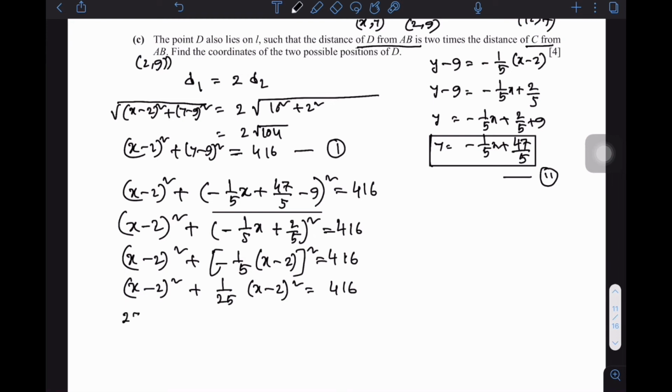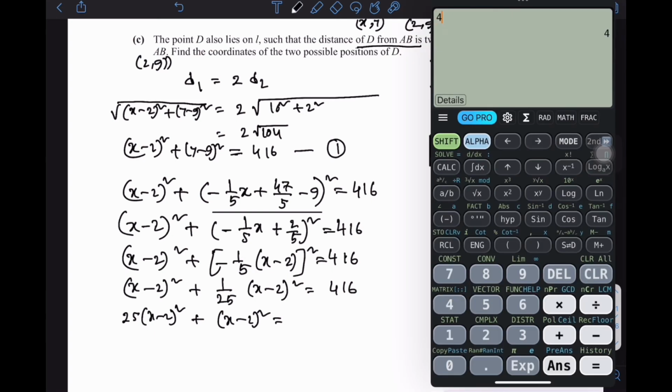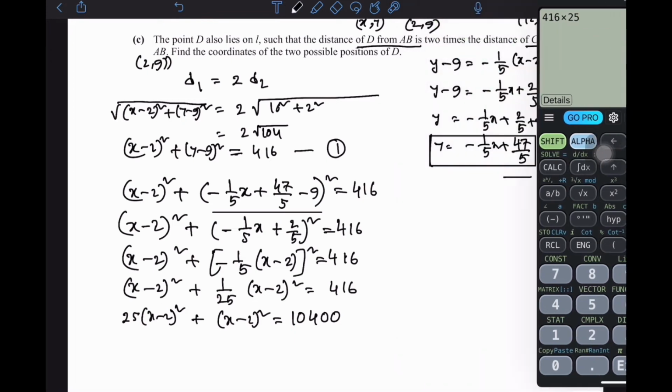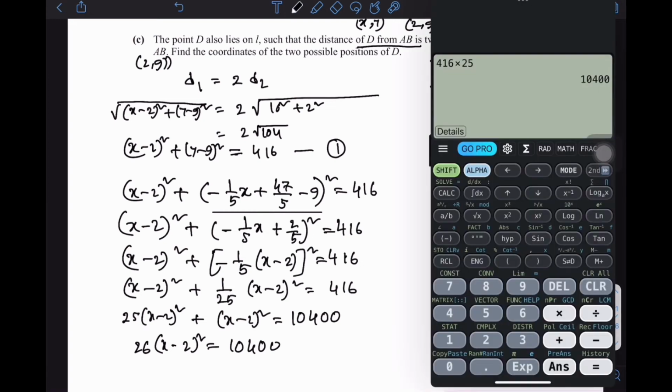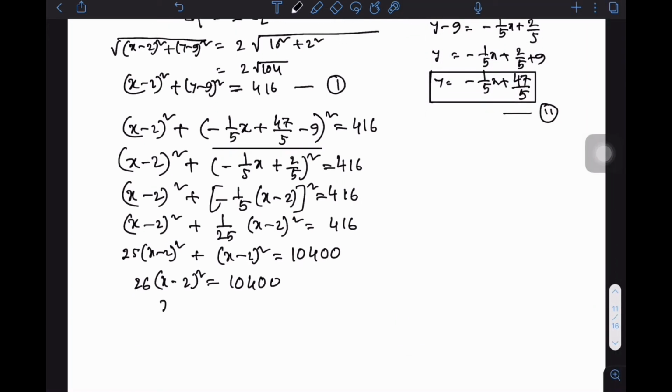So it will be 25 (x minus 2) whole squared plus (x minus 2) whole squared equals 416 into 25, it will be 10,400. So 26 (x minus 2) whole squared equals 10400. 10400 divided by 26 is 400. So (x minus 2) whole squared equals 400.